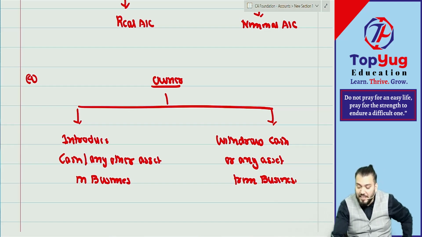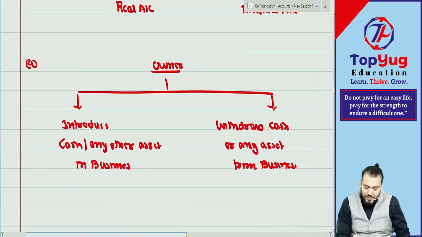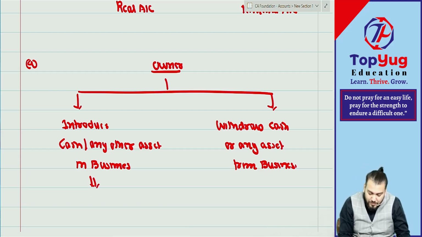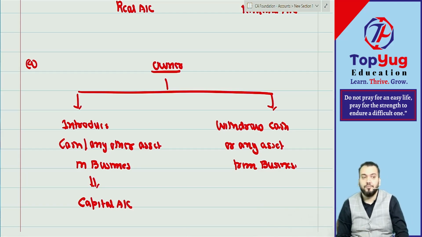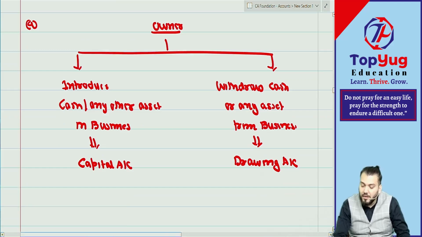So whenever he introduces either cash or any other asset, which account will we use? Capital account. Understood? But whenever he withdraws something, which account will we always open? Drawing account. Understood?